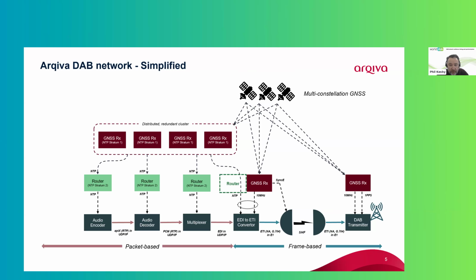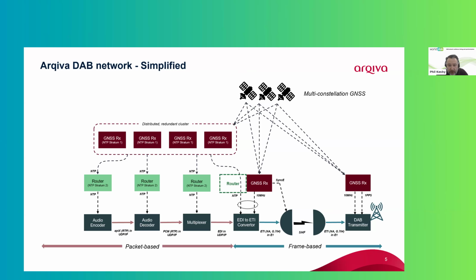So in other words, if one of those GNSS receivers becomes unstable. But because we only need 10 milliseconds accuracy at the NTP clients on those 3 devices, we're able to use a classic NTP distribution design.